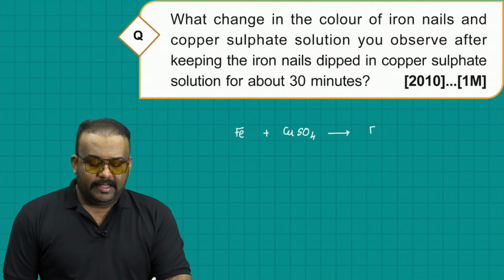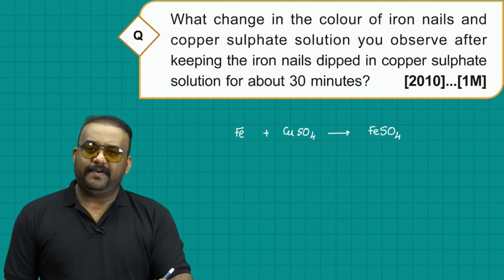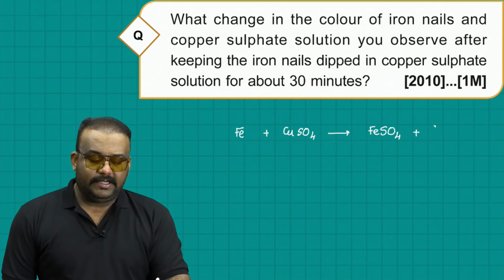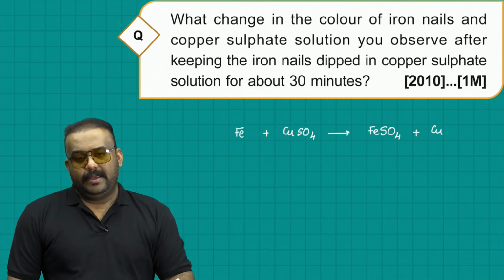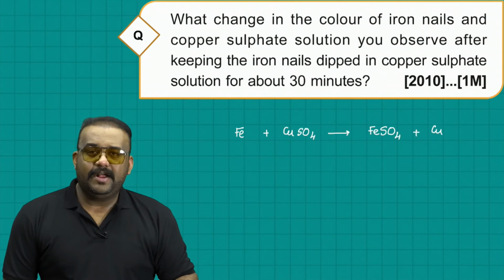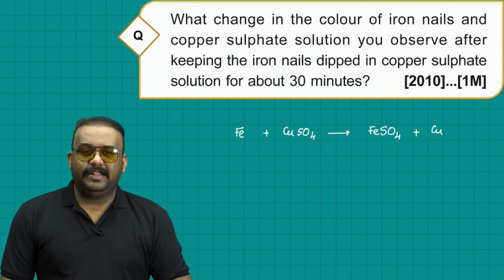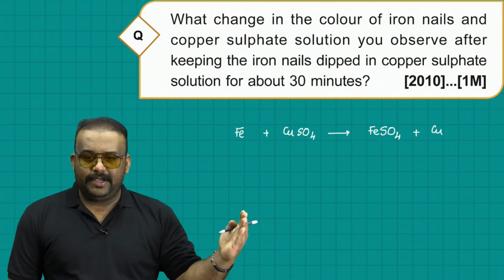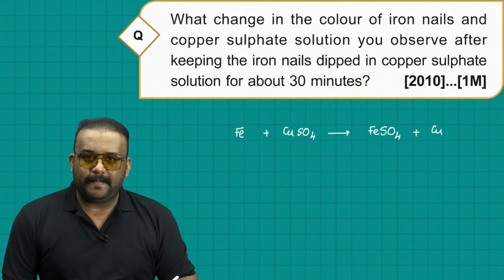Hence, we can say the reaction proceeds like this and it results in the formation of ferrous sulfate and copper. This is an example for a single displacement reaction. And in this reaction, iron is displacing copper from copper sulfate.